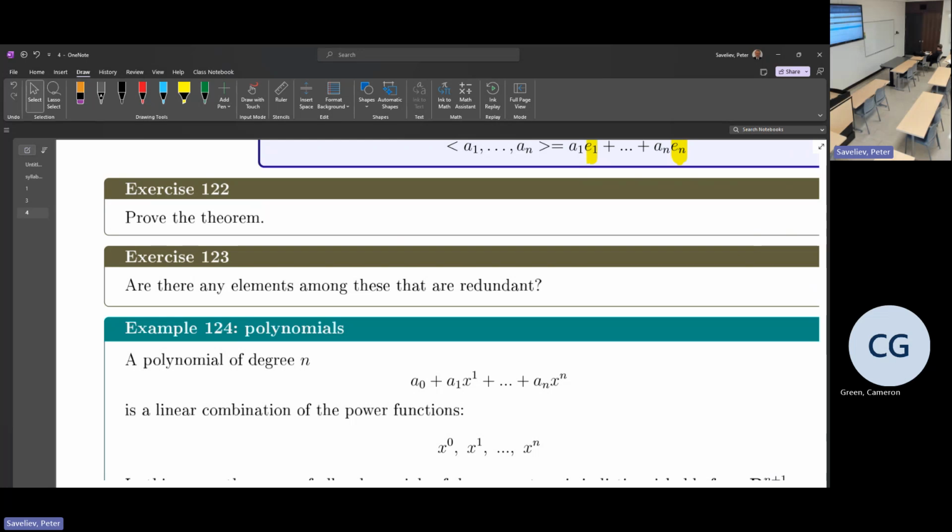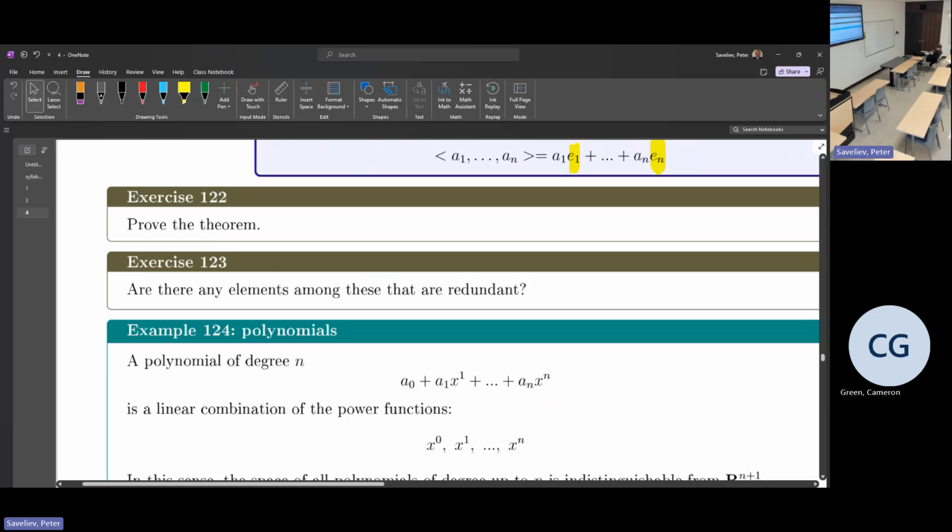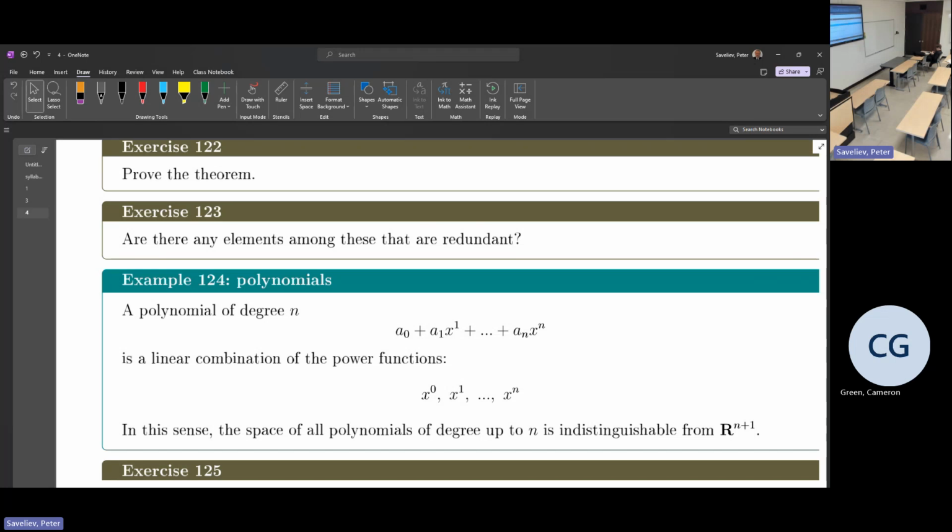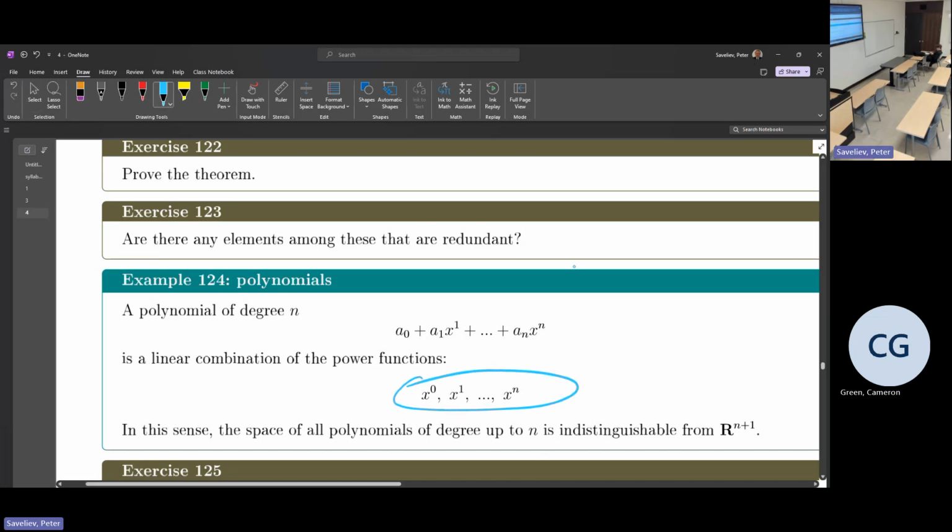So that's literally a linear combination. And then naturally, what does that mean? It means that all the polynomials are like an n plus one dimensional space. It's not really such a big space, it turns out.